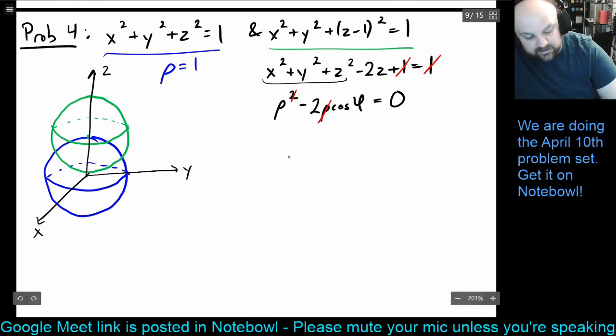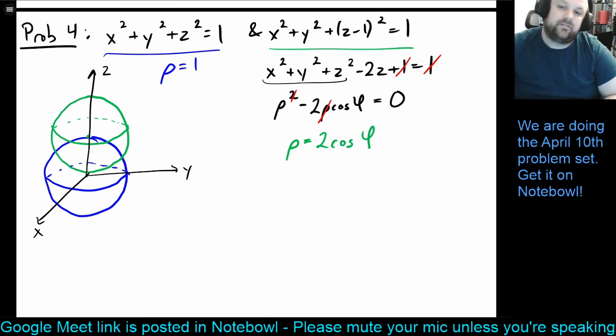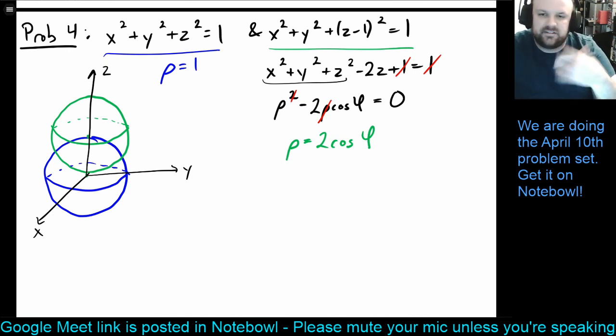And so I'll write in green here, this is rho equals 2 cosine of phi. So hopefully that kind of reminds you of circles in polar coordinates. If we had that circle that was off on the x-axis, that was r equals cosine theta or something like that. A similar kind of deal going on here.